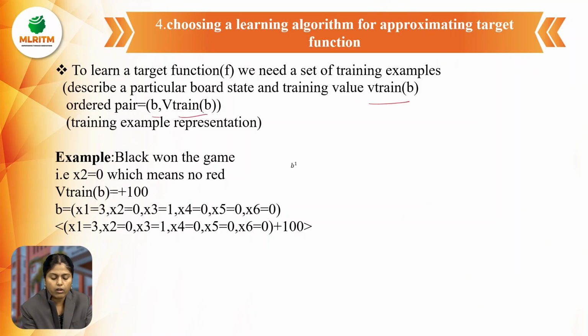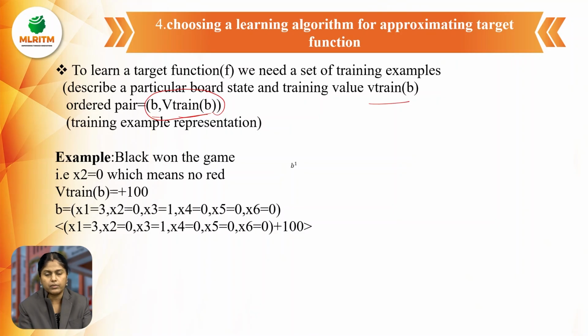These are the ordered pairs that we use for approximating the target function. In the training examples, we take some ordered pairs. The ordered pair is nothing but b comma V train of b, where V train is the training value of the training example b.